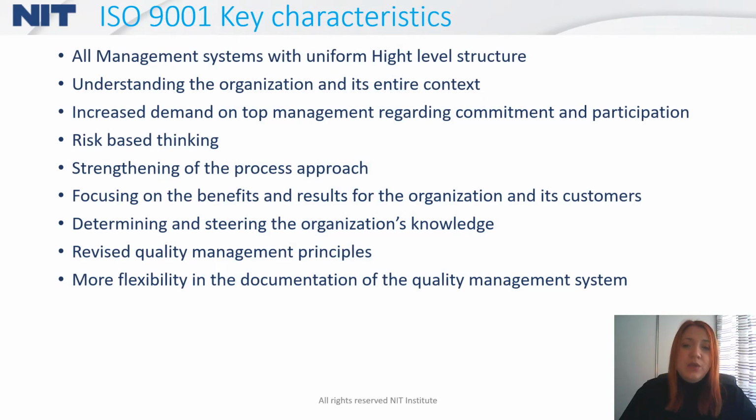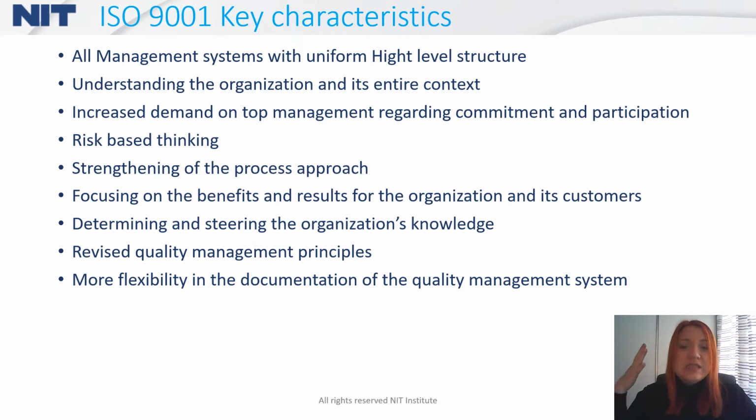Let's zoom into ISO 9001. ISO 9001 has some key characteristics which tell us that if you implement the quality management system in the same way as the majority of companies around the world, you will have all management systems with a uniform high-level structure.